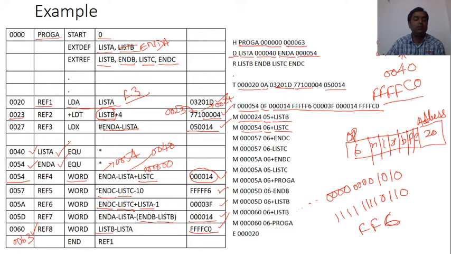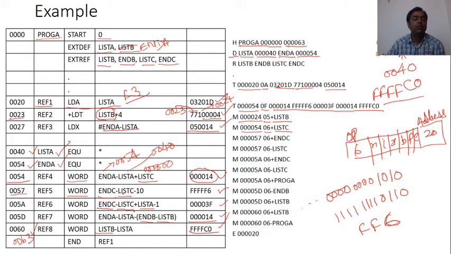Now our next modification record, you can see here at address 0057, this is written in word, end C minus list C. I don't know the value of end C as well as list C, but I know the value of minus 10. So what we have to do?